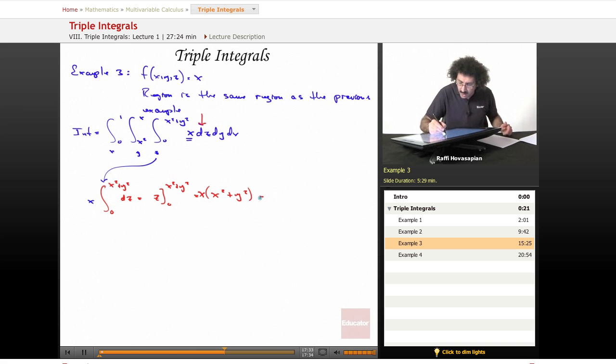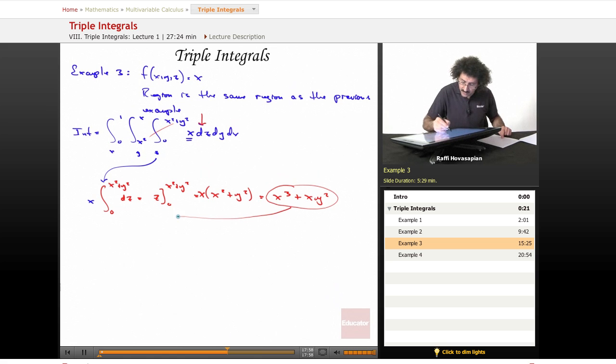So I'll go ahead and multiply this out, so I end up with x cubed plus xy squared. That's it. So now this thing is going to be my new integrand for my second variable. So I've taken care of that one.